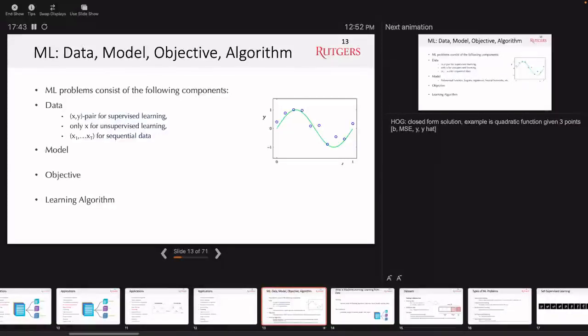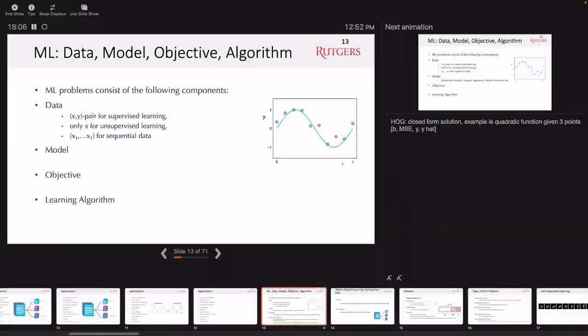So what's data? The difference between non-machine learning AI methods and machine learning is that machine learning is a data-driven way of doing things. It's using data to automatically discover patterns that you can use to do your task.